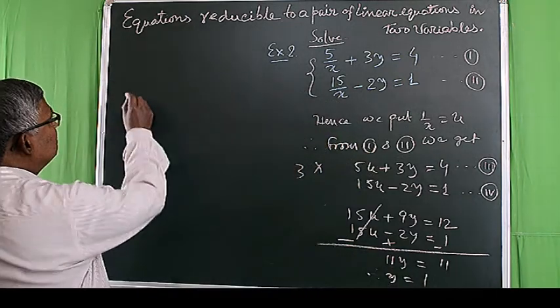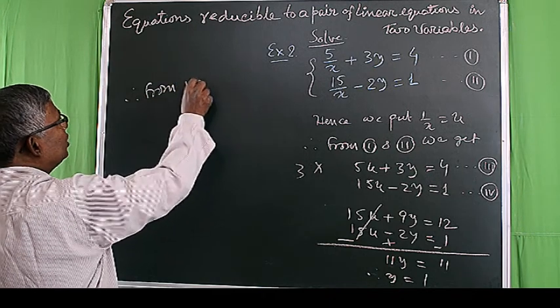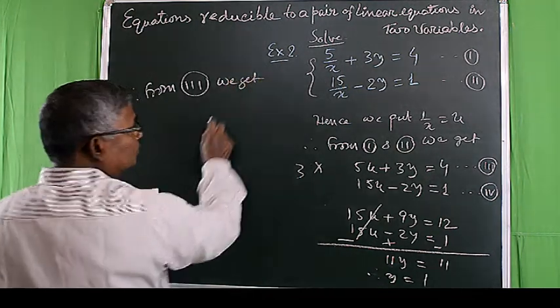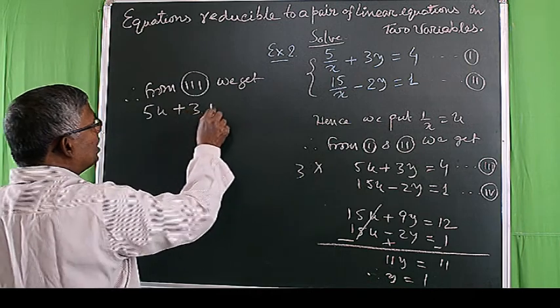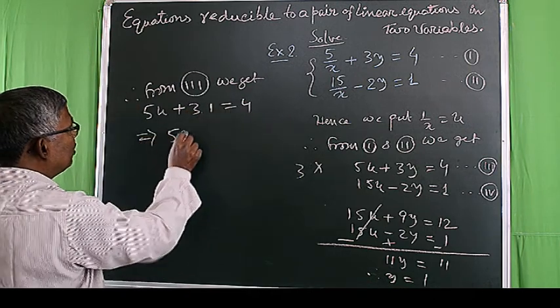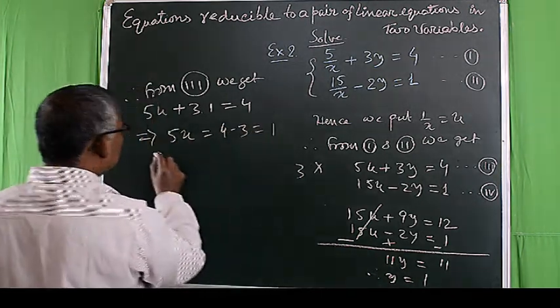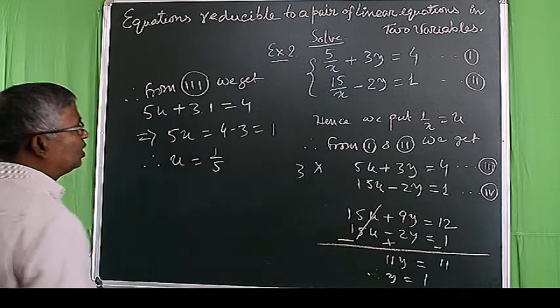Now from equation number 3 we get 5u plus 3 into 1 equal to 4. This implies that 5u equal to 4 minus 3 equal to 1. Therefore u equal to 1 by 5.